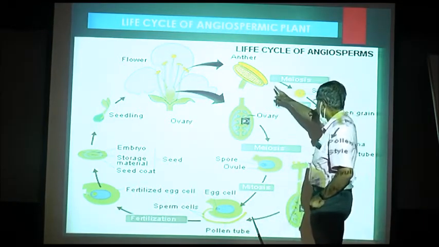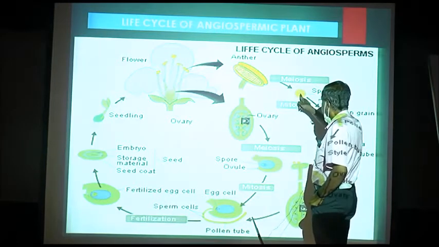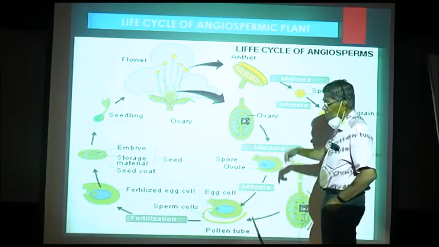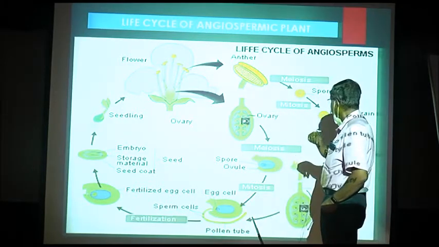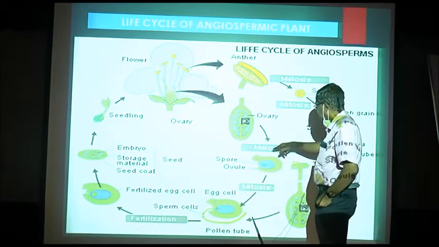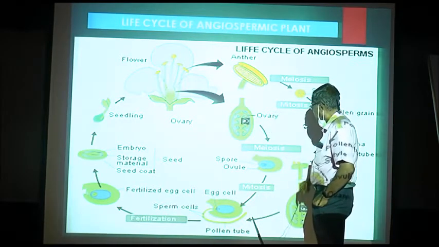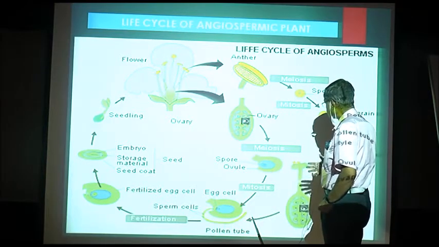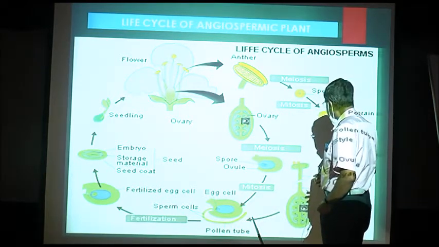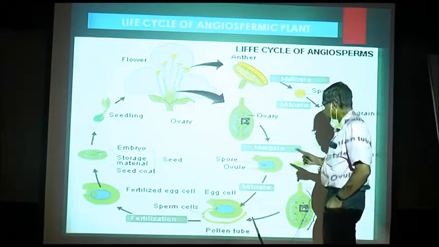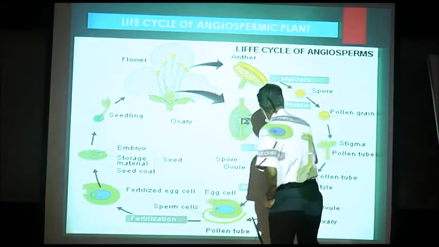The microspore mother cell undergoes meiosis to form spores, as in the case of sporophyte we have seen earlier. And the megasporangium, where the megaspore is formed, where it is diploid, it also undergoes meiosis to form megaspore, which is haploid.